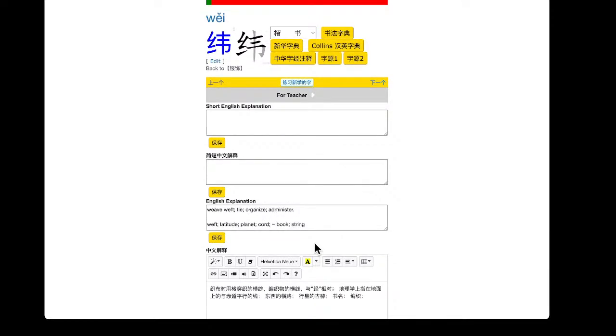Now zong and wei all have the meaning of organize and administer. This is because this type of thing that makes cloth, they have to be really in order, whether it's vertically or horizontally, and so that's why they use this to mean administer and organize.